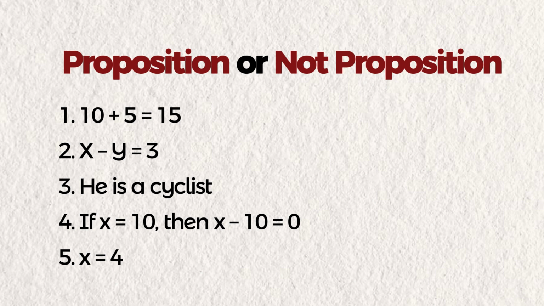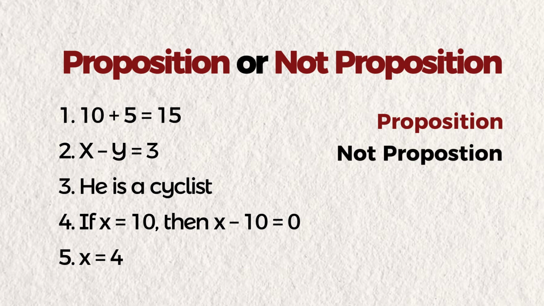Now, let's see the answers. Number 1 is a proposition because there is no hidden value. Number 2, not a proposition. We cannot determine if x minus y equals 3 because the values of x and y are not given.